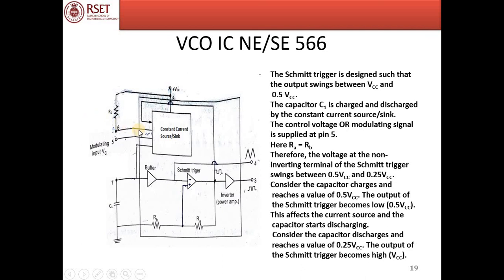So how did the equation for current I become VCC minus VC by R1? I said that the modulating input voltage VC, which is applied at pin number 5, is also available at pin number 6 due to some internal circuitry. So the voltage at this point is VC, and the current becomes VCC minus VC by R1.